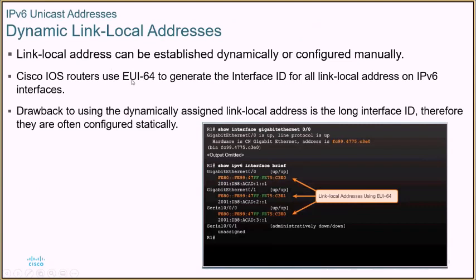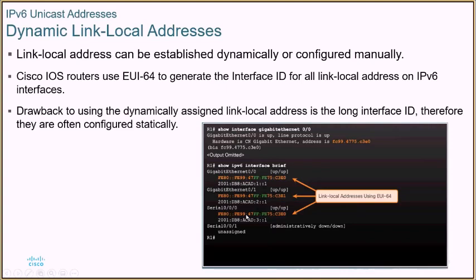Now, link local addresses, hosts will have them. Now, again, what will happen is it'll have FE80, and then at least the Cisco device will use EUI 64 for the host section. Now, that's great, but do you really want to type that number in? It's a long number.